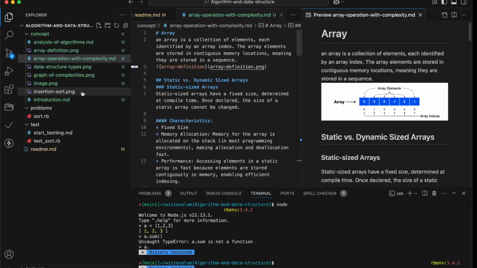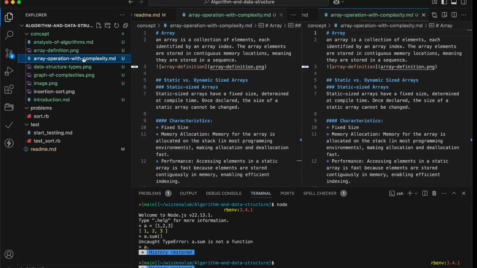So it should be just an array. It shouldn't be array operation with complexity, because analysis of algorithm is already at some other place. We can make it array only. Yeah, it should be array only.